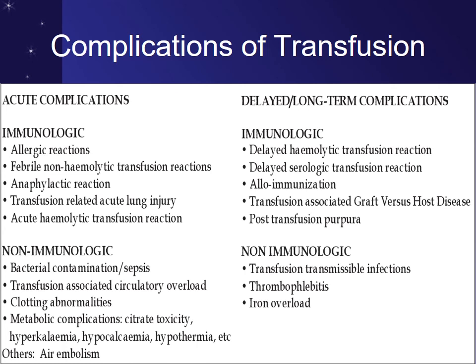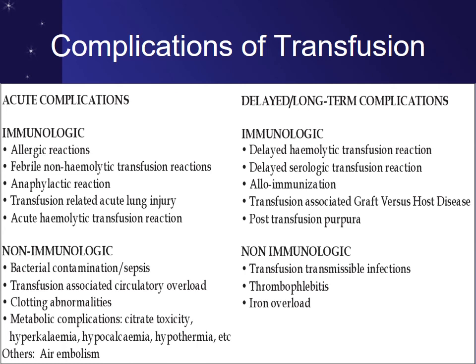There can be non-immunologically based reactions like bacterial contamination or sepsis, transfusion associated circulatory overload, clotting abnormalities like dilutional coagulopathy and dilutional thrombocytopenia, then metabolic complications like citrate toxicity, hyperkalemia, hypocalcemia, hypothermia, acidosis, and reduced 2,3-DPG.